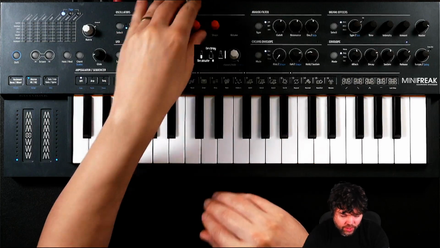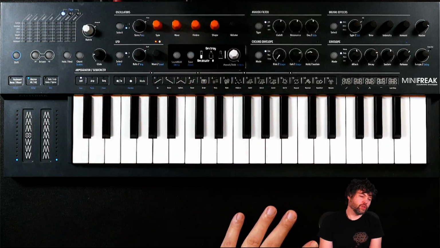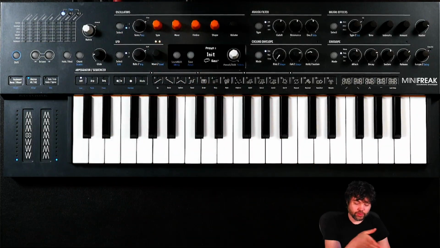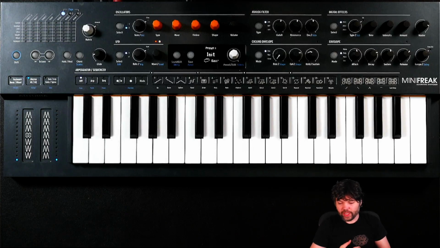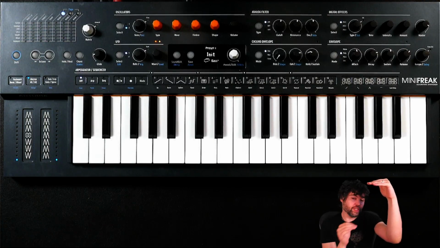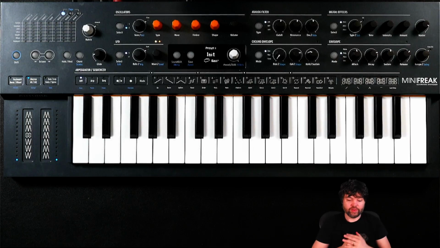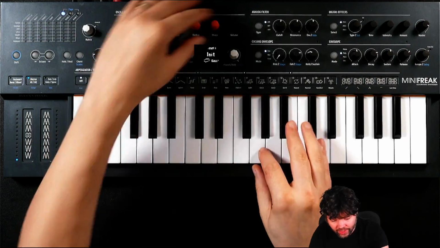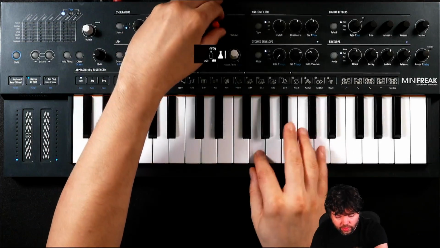Decimate. So decimate is often used in the context of sample reducers and bit crushers. A bit crusher is supposed to be taking a sample, a continuous wave, and quantizing it to certain levels, the equivalent of sampling at lower bit rate. So let's turn that all the way up.